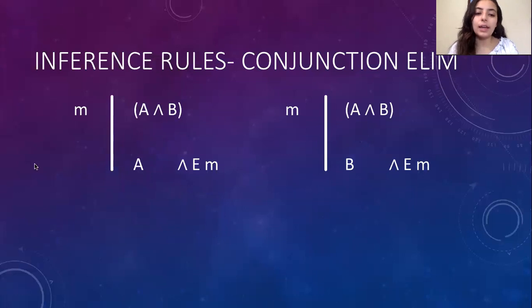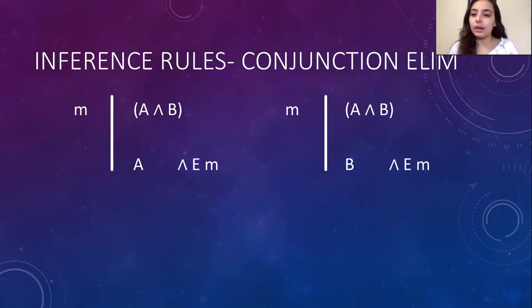And then when you do that, you get A by itself, and that's just from line M. And same thing, if you want to get B by itself, then you eliminate the conjunction, and then again you reference the line that you got that from. So this is pretty straightforward. The conjunction is symmetrical, so you can eliminate one and get the other, you can eliminate the other and get the one, and you can do that for either side.